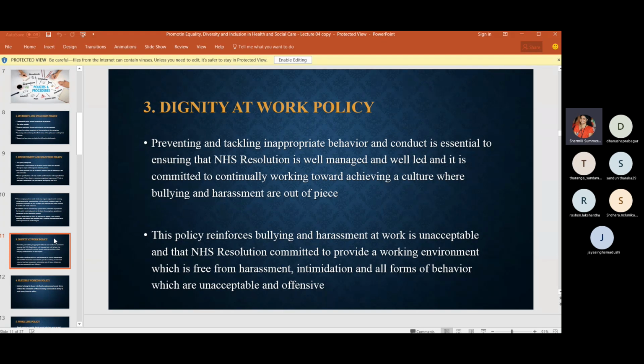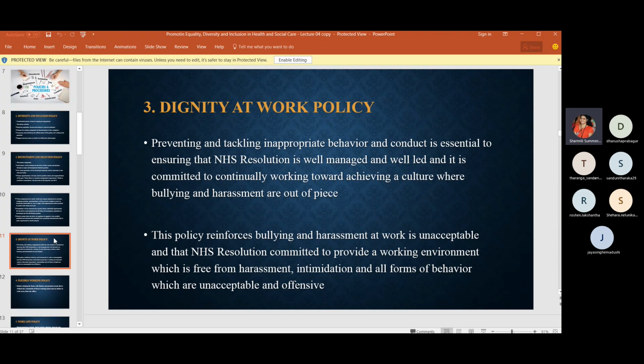Although he is an employee, the employer can't bully or harass, because the employee is also a human. He also has a peculiar respect and personal uniqueness, so we need to respect all those things.